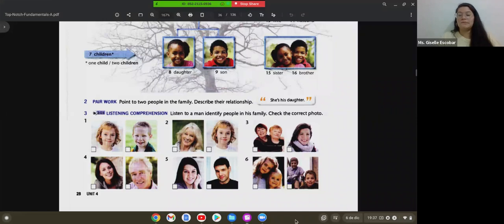Listen to a man identify people in his family. Check the correct photo. 1. The boy, he's my grandson. 2. She's my wife. 3. They're my sisters. 4. He's my brother. 5. She's my daughter. 6. The girls, they're my granddaughters.